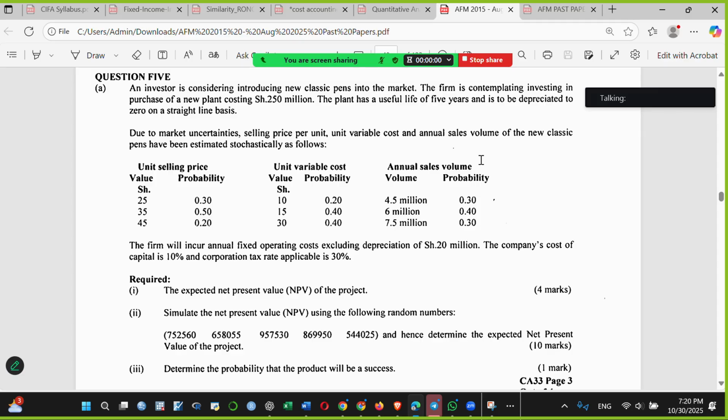The cost of investment is 250 million, life 5 years, tax 30%, and cost of capital 10%.